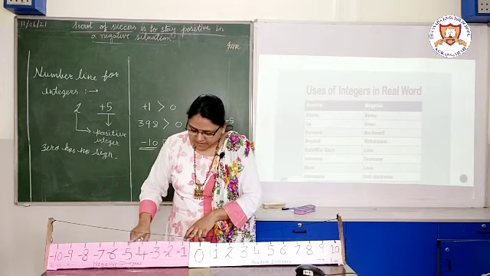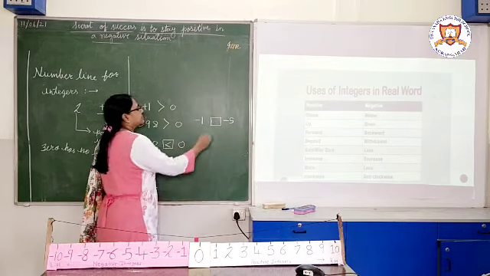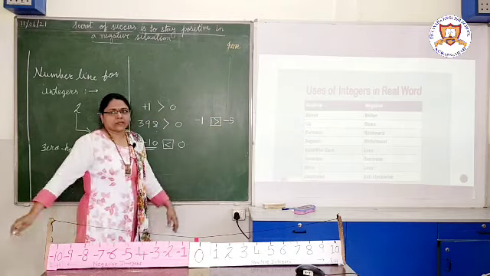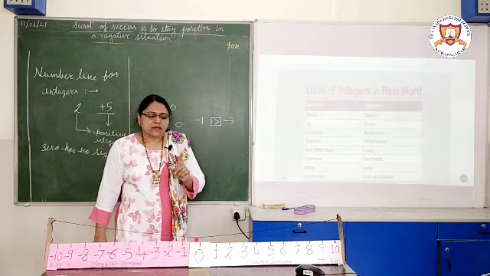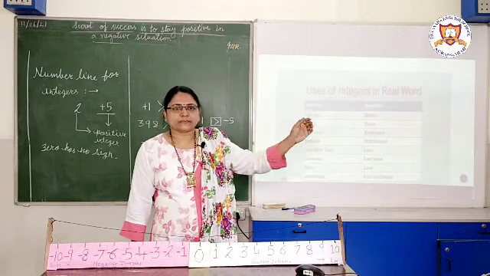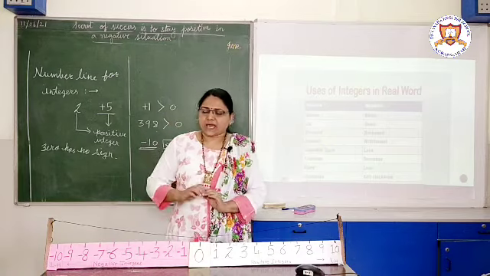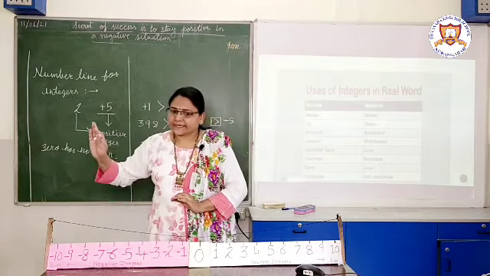Which number is greater here? Negative 1 is greater than negative 5. As we go to the right hand side, the values of numbers increase, and as we go to the left hand side, the values of numbers decrease.